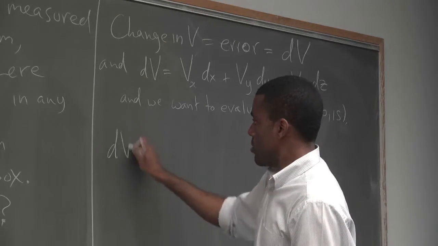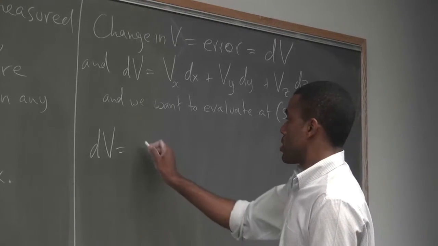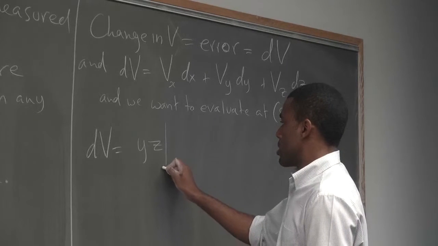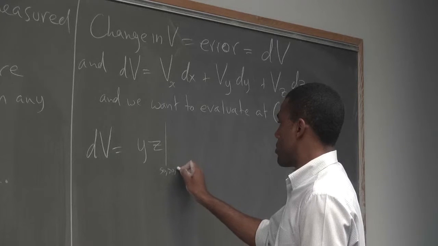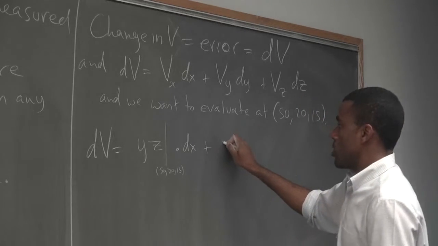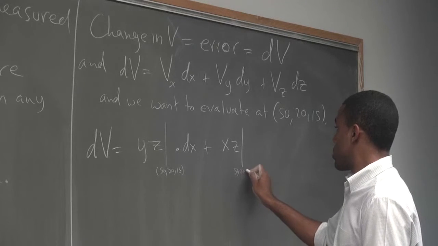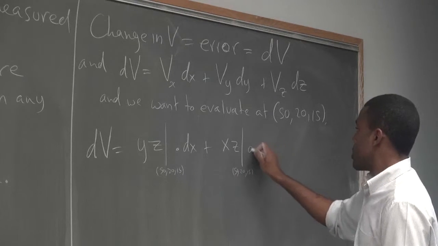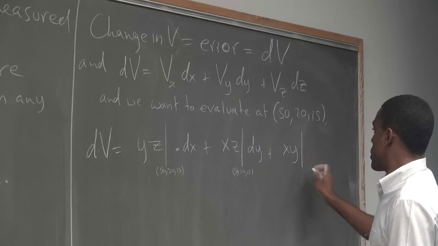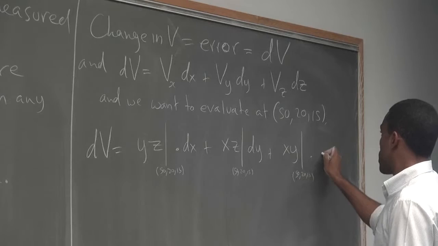So basically here, dV is going to be equal to the partial with respect to x of that. That's just yz. And you want to evaluate that at 50, 20, 15 times dx plus, now you have xz evaluated at 50, 20, 15 times dy plus xy evaluated at 50, 20, 15 times dz.